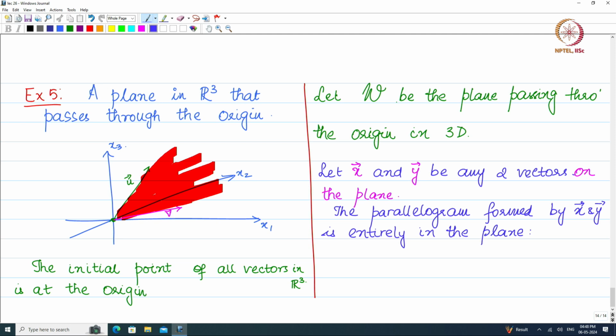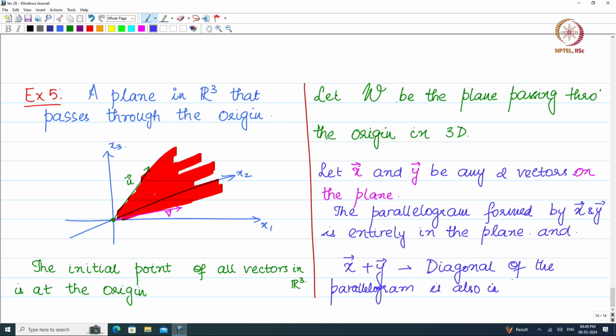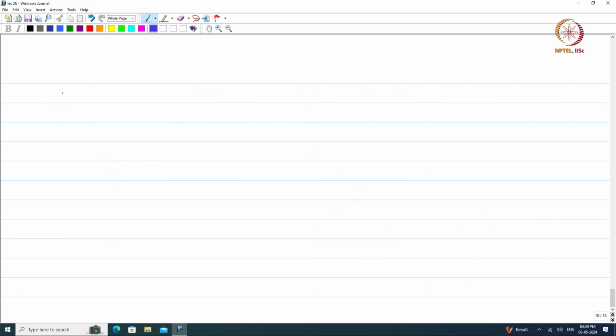Right, it is entirely in the plane, and what we see is because x and y are in the plane, x plus y, which is basically the diagonal of the parallelogram, is also in W. Therefore, we can say W is closed under vector addition.